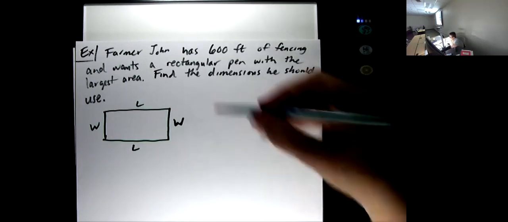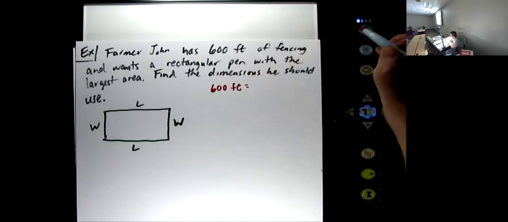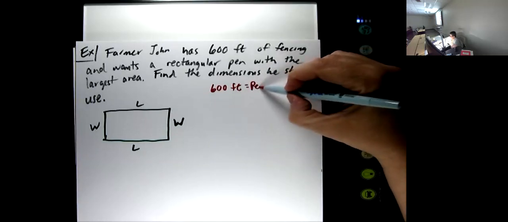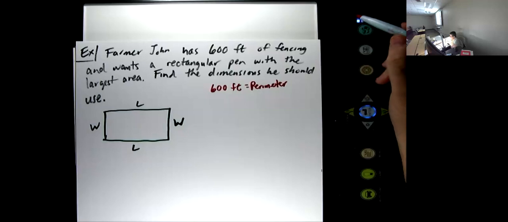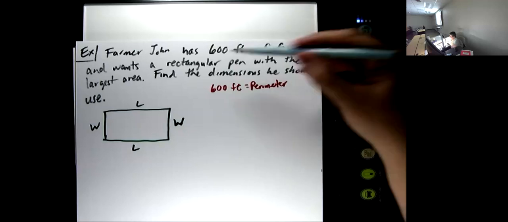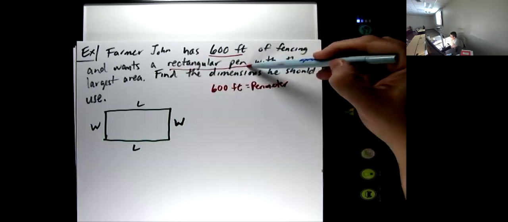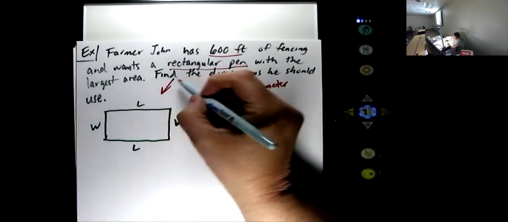They gave us 600 feet. What is the 600 feet? It's the perimeter. That's our given information, the only number in the problem. The other thing given was the shape.